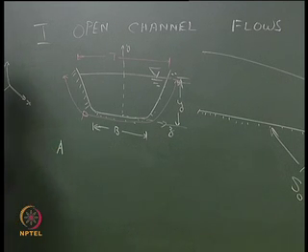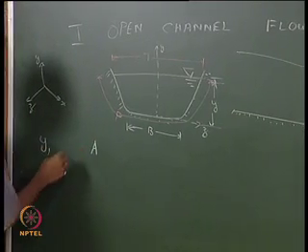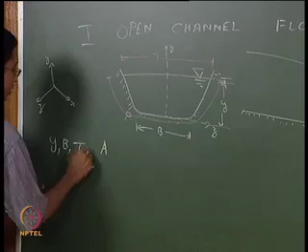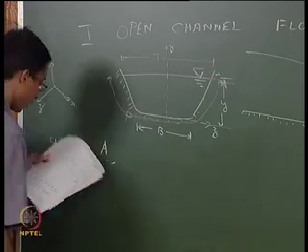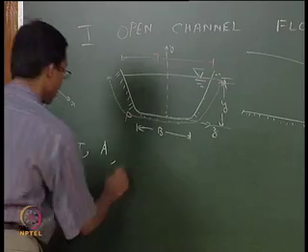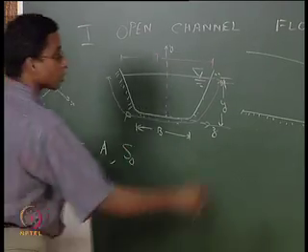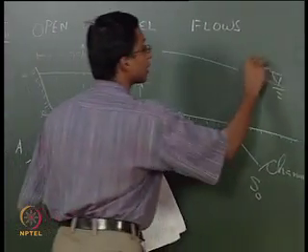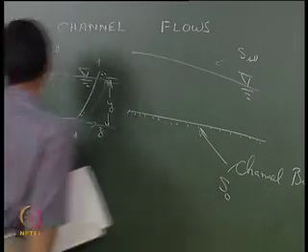You can now define the cross sectional area, this entire cross sectional area, let us give it as A. So, let me recall that you have defined y, B, T, the area of cross section A, the channel bed slope S0, and the slope of the water surface, that can also be given as a parameter. Let us give it as SW.